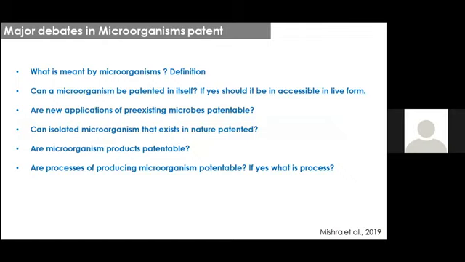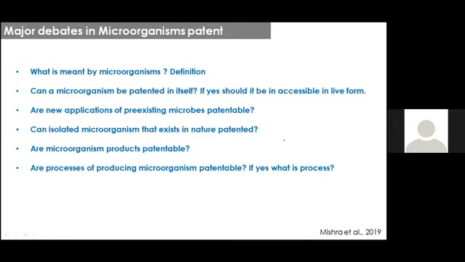When we talk about microorganisms and patents, it involves several major debates. First is what is meant by microorganism. The definition of microorganism itself is not clearly written either in the TRIPS agreement or in the Indian Patent Act 1970. The second question is, can a microorganism be patented in itself?